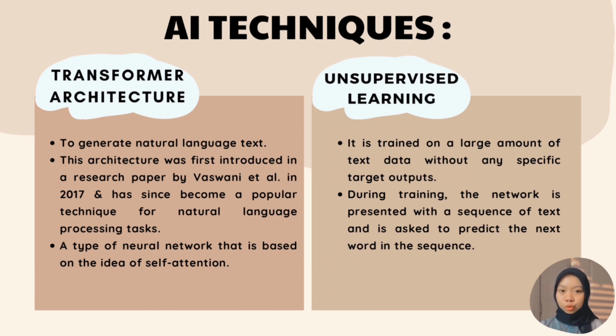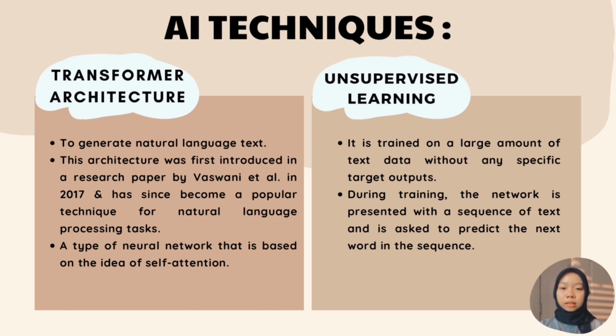Transformer architecture is also a type of neural network that is based on the idea of self-attention. Self-attention allows the network to weigh the importance of the different parts of the input sequence when generating the output sequence. This is useful for natural language processing tasks as it allows the network to focus on the most relevant parts of the input when generating text.